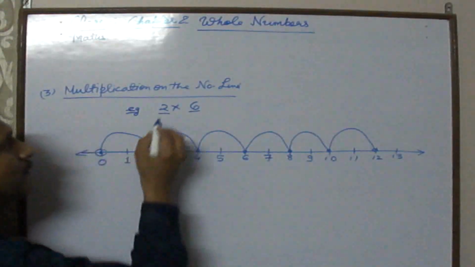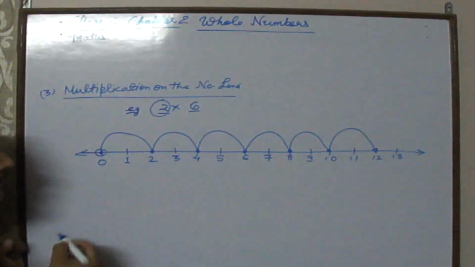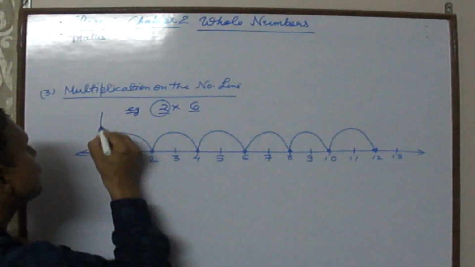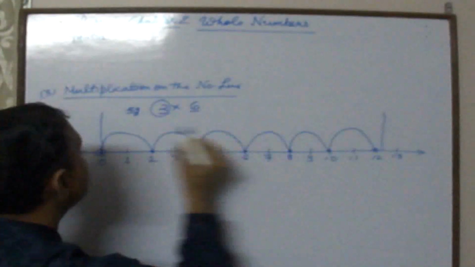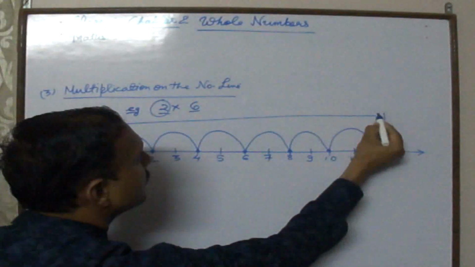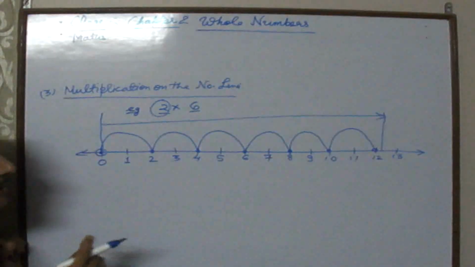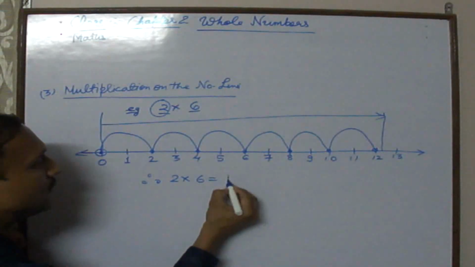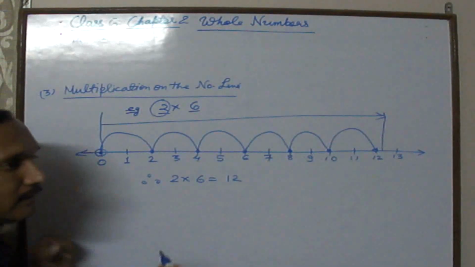So 6 times you have to move 2. We will reach finally at 12. So we can easily show any multiplication on the number line. Therefore 2 times 6 equals 12 using the number line. Clear?